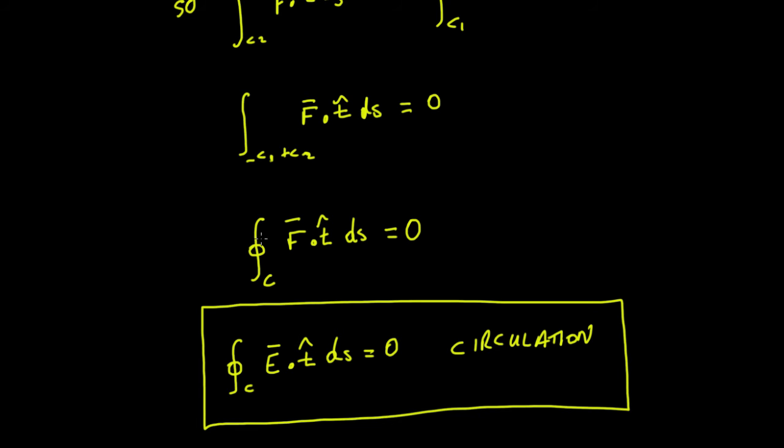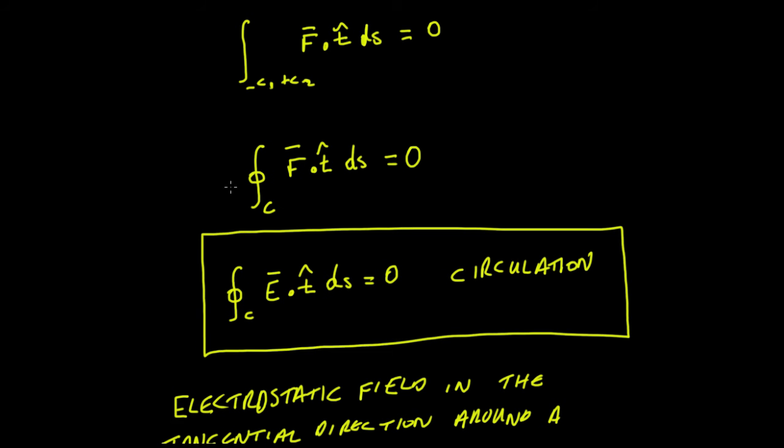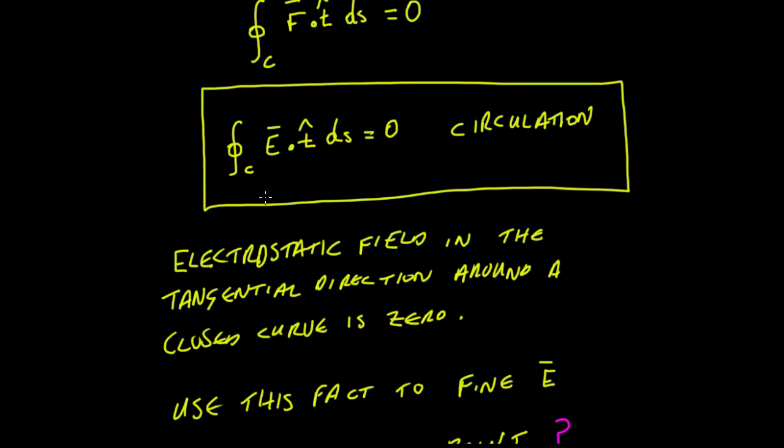We can replace this f by our electrostatic field. So we can say that the integral of E dot t ds around this closed loop is equal to 0, and we call that circulation. So in words, the electrostatic field in the tangential direction around some closed curve is going to be equal to 0.